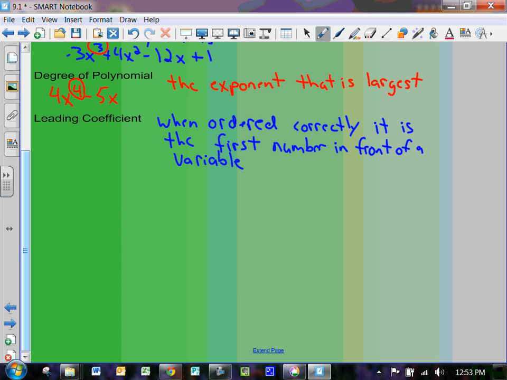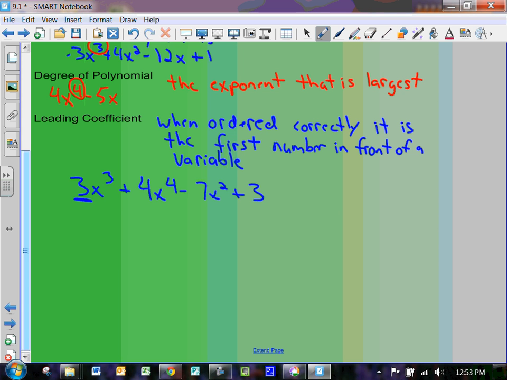So what that means is, let's say we have something like 3x to the third plus 4x to the fourth minus 7x squared plus 3. Now you look at it and say, okay, well the first number in front of a variable is this 3 right here. But that's not the leading coefficient.